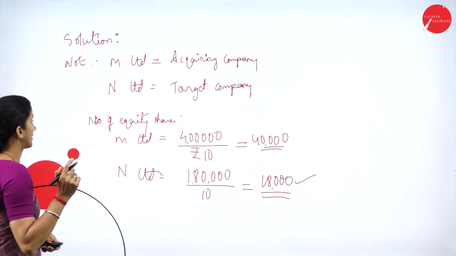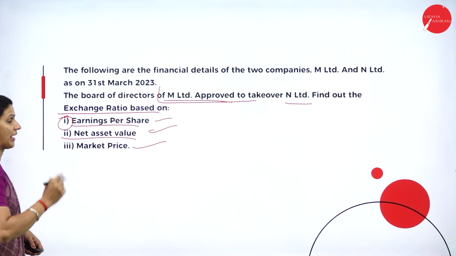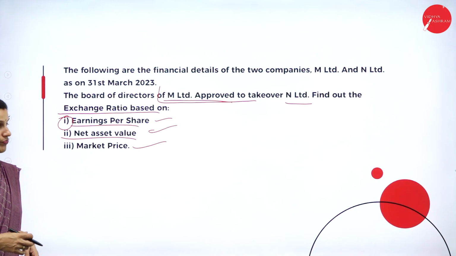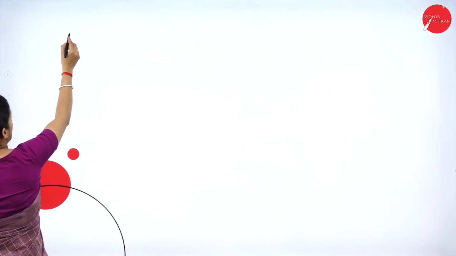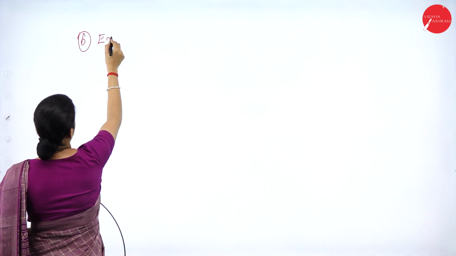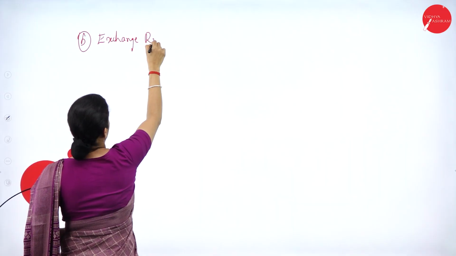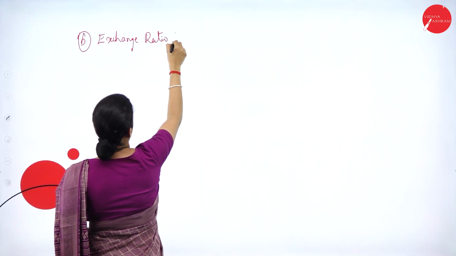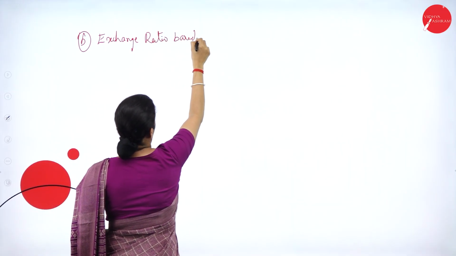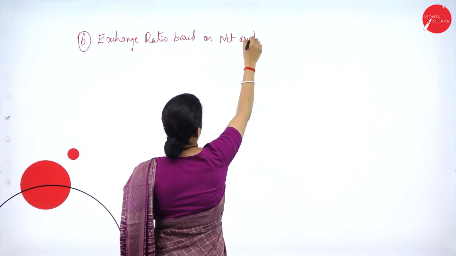So here the EPS is considered. Next we'll calculate based on net asset value. So the second one, the exchange ratio based on net asset value.